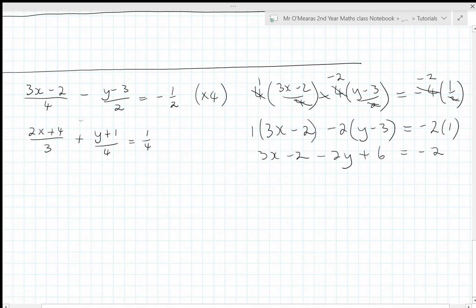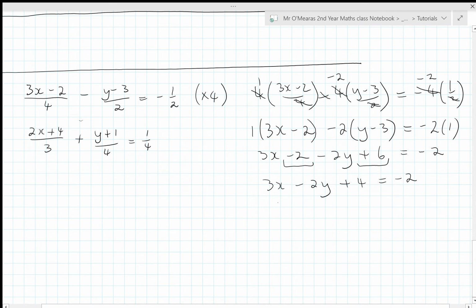Now we're just trying to put like terms together. So we have 3x minus 2y plus 4 equals minus 2, because minus 2 plus 6 are like terms. We add them together and get plus 4.